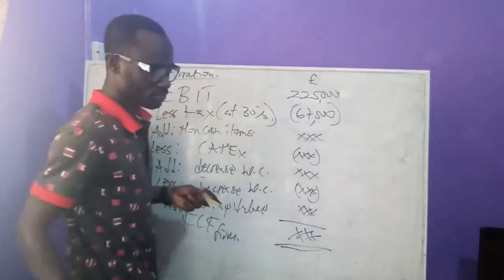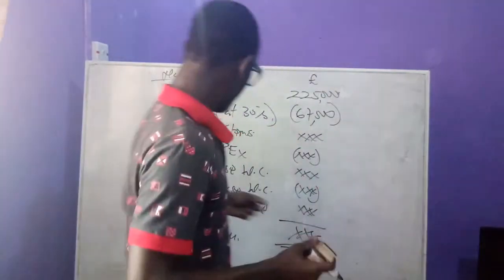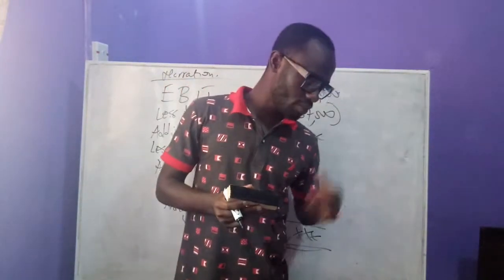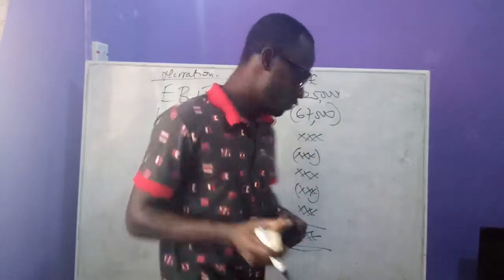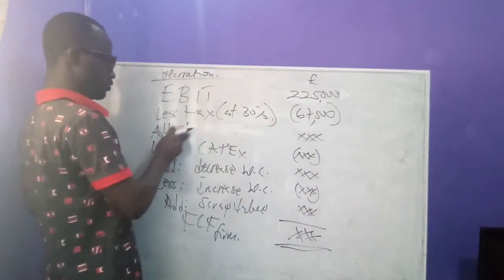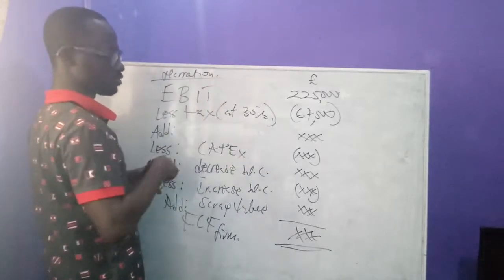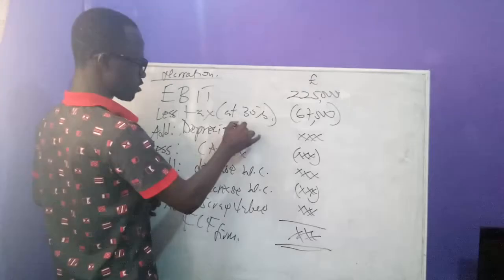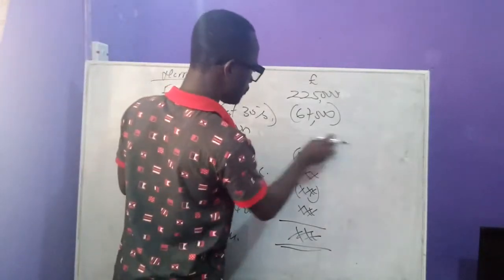So we less it. Then from our pro forma, we say add any non-cash item. In the question, we were told that the depreciation charge for the year was 15,000. So we will say add depreciation, that's 15,000.